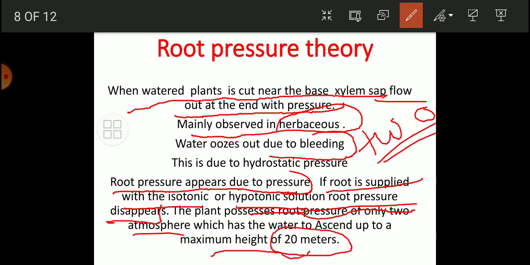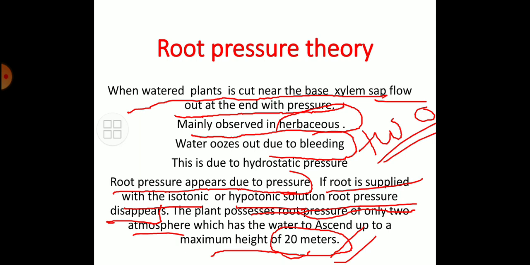So in Sequoia gigantea we have seen that the sap, not water but the sap, ascends up to 115 meters, and this root pressure has the capacity to ascend the sap only up to 20 meters. So this theory fails here. It means root pressure is not responsible for the ascent of sap. That is proved here.